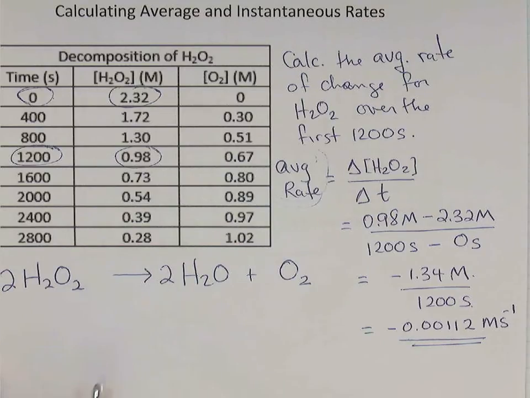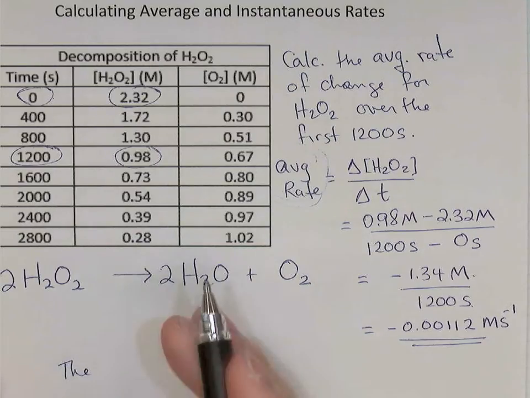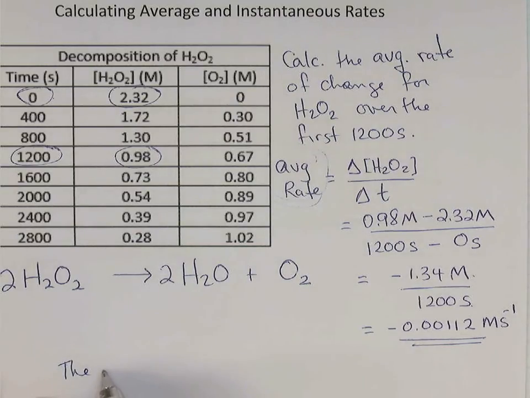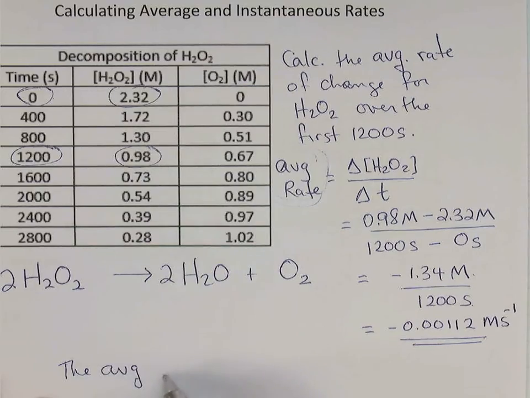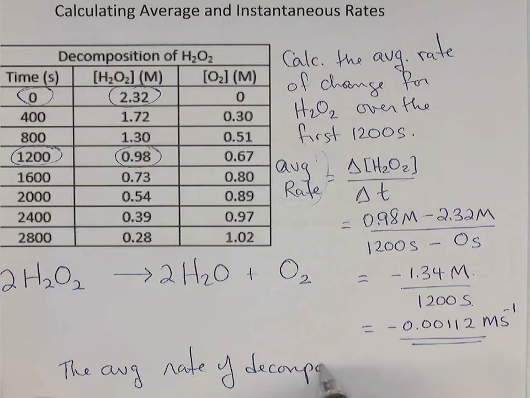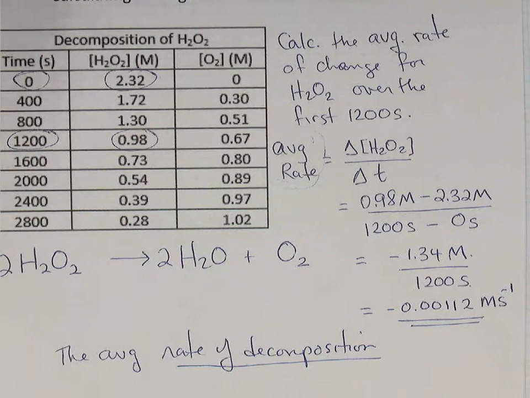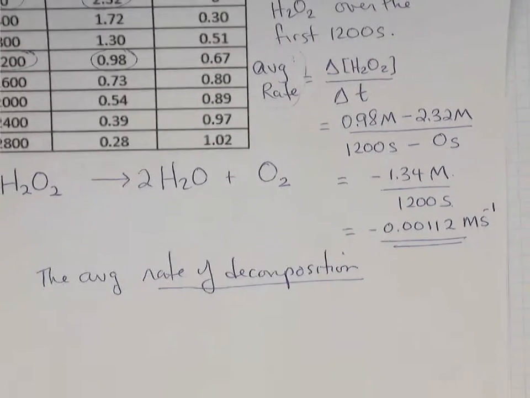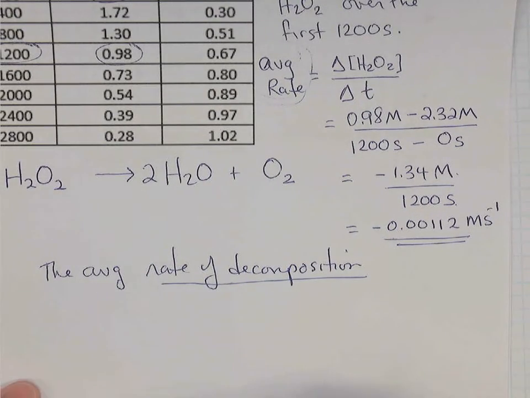Now, if I had asked the question in a slightly different way, instead of saying just the average rate of change, I could have said the average rate of decomposition. As soon as I say rate of decomposition, I'm implying in the word decomposition that the hydrogen peroxide is decomposing.